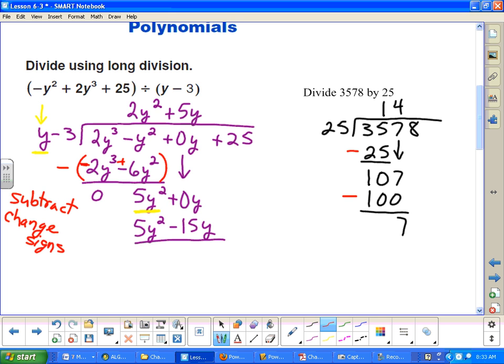So when I subtract here, the 5y squared becomes negative, the 15y becomes positive. So your first column each time, the 5y squareds will cancel out to 0. And then we get 15y.